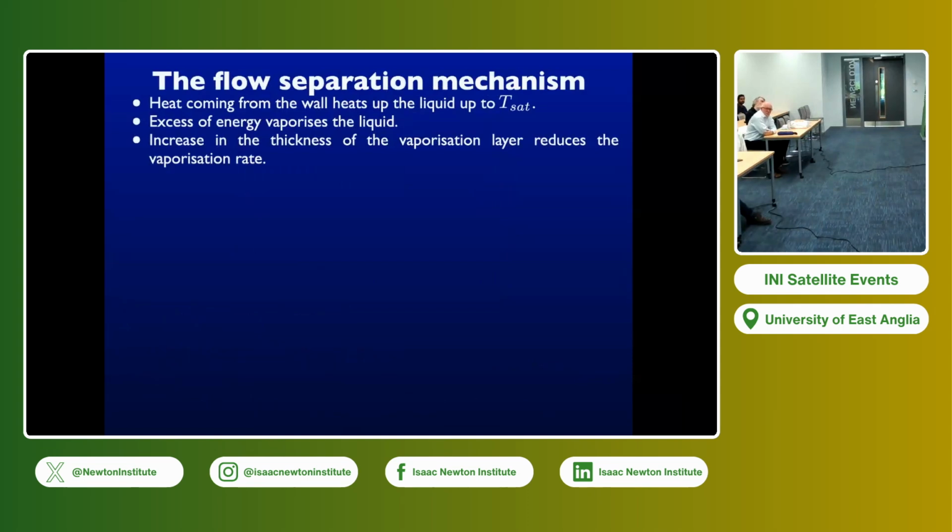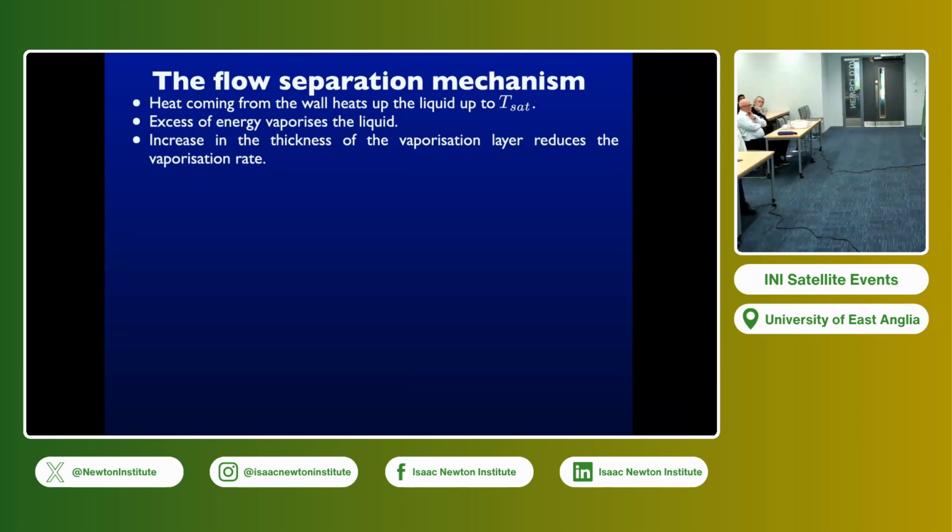So, this slide is just to summarize what I have explained in the past slides. Heat coming from the wall heats up the liquid up to the temperature of saturation, and the excess of energy vaporizes the liquid.